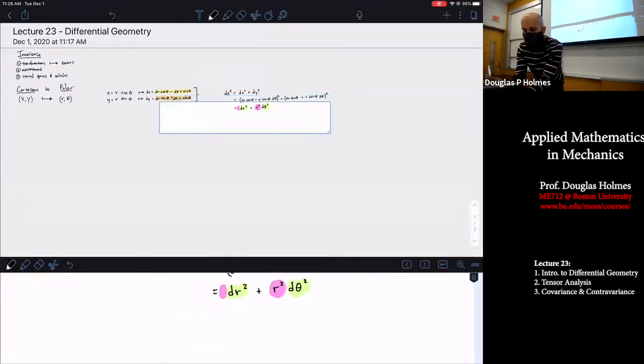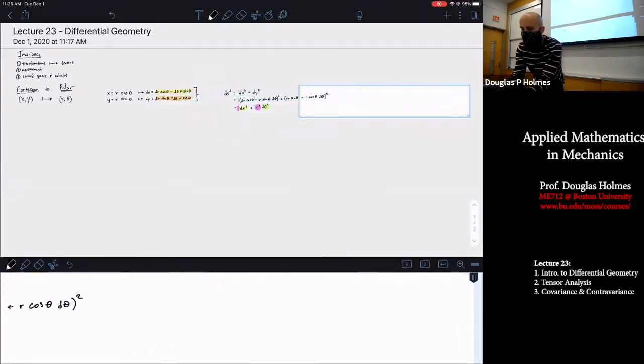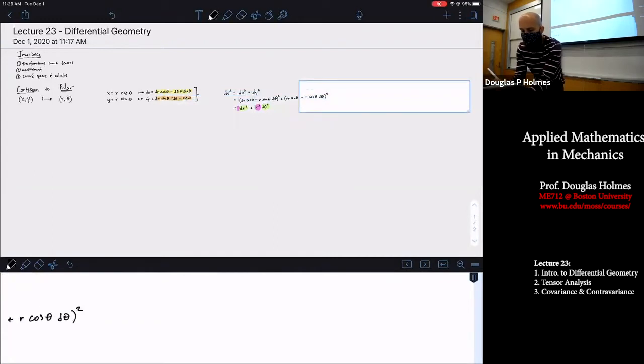So I can write something like, let's call our coordinates x to the mu, or this could be x1, x2, as many times as we need, up to x to whatever dimension our space is in.